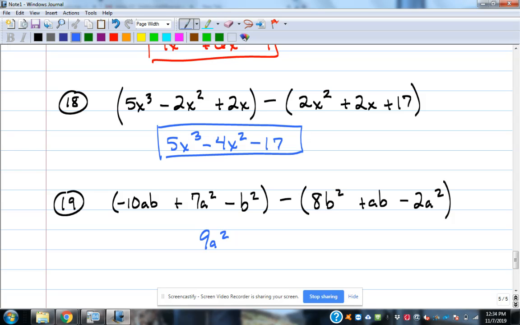Minus ab would be negative 11ab. And then what's next? Negative b squared minus 8b squared, which would be negative 9b squared.